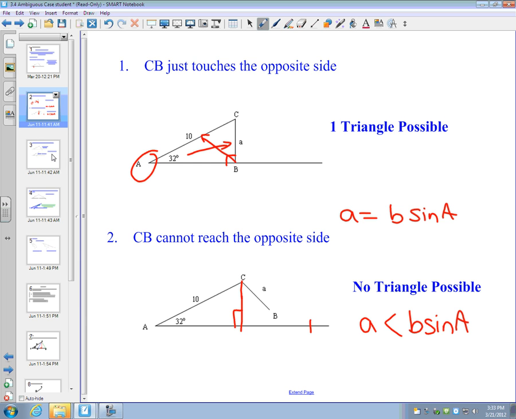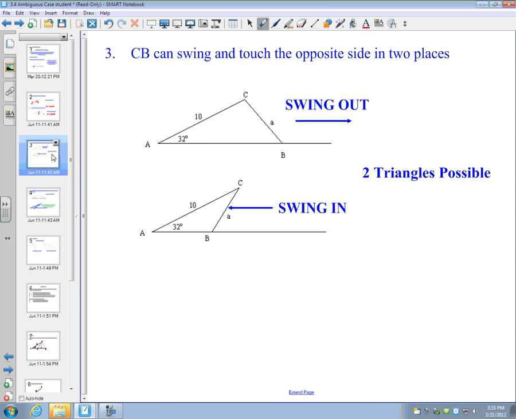Okay? A third case is that CB can swing and touch the opposite side in 2 places. So either we can swing it this way, and it touches over here and we get some angle, or we can swing it the other way. So in this case, I know that this side A is going to be greater than B sine A, or greater than this height.